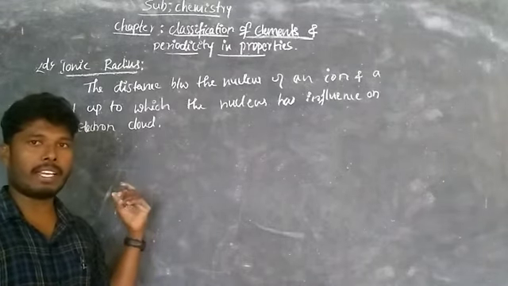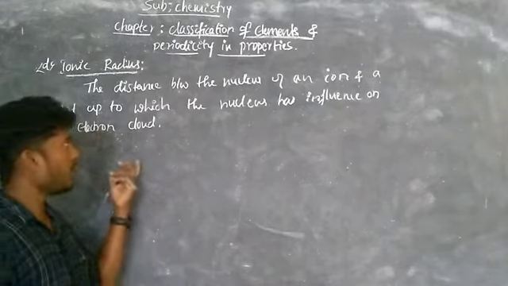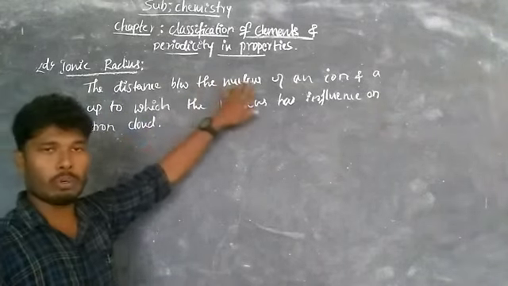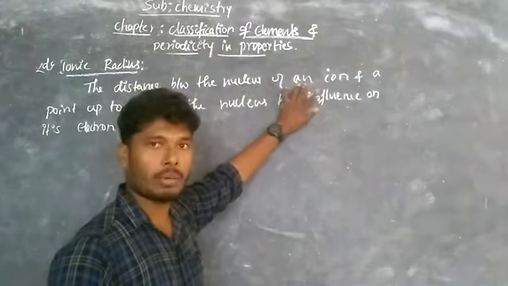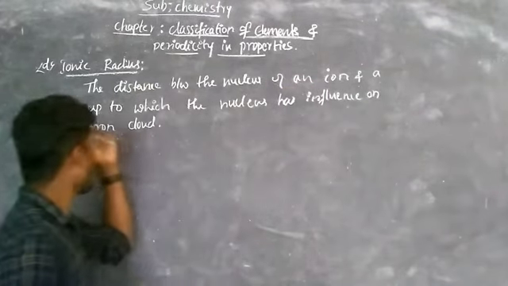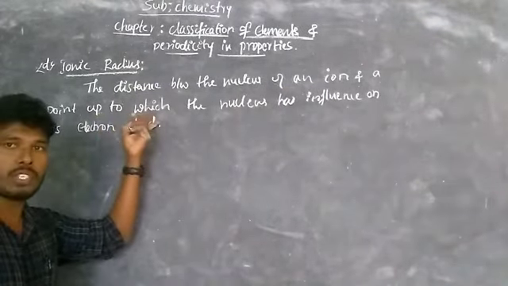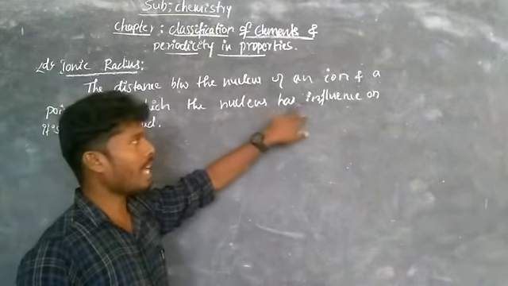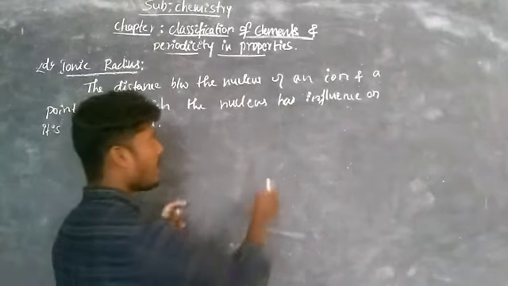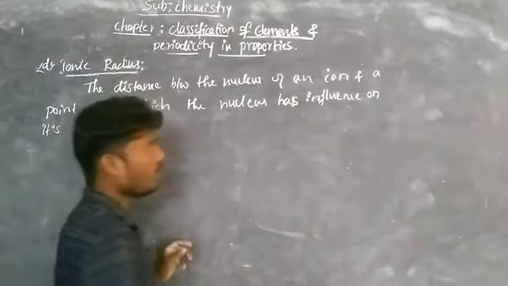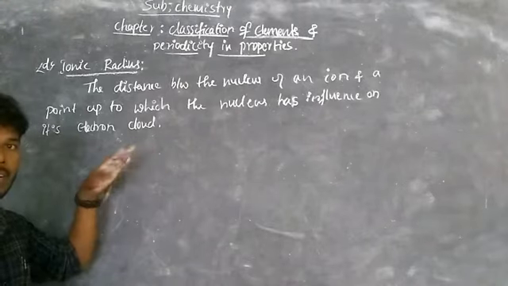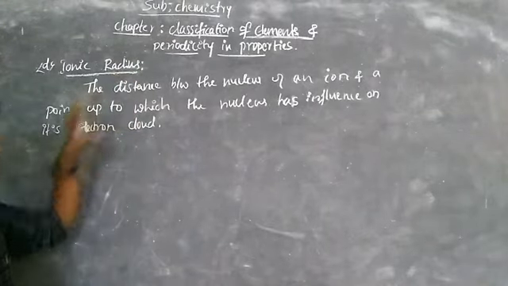Here ionic radius is defined as the distance between the nucleus of an ion and a point up to which the nucleus has influence on its electron cloud. That is called the ionic radius.